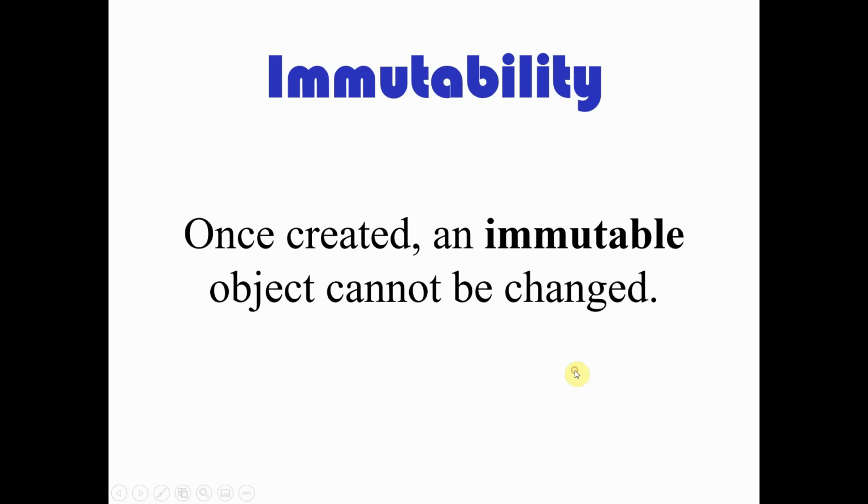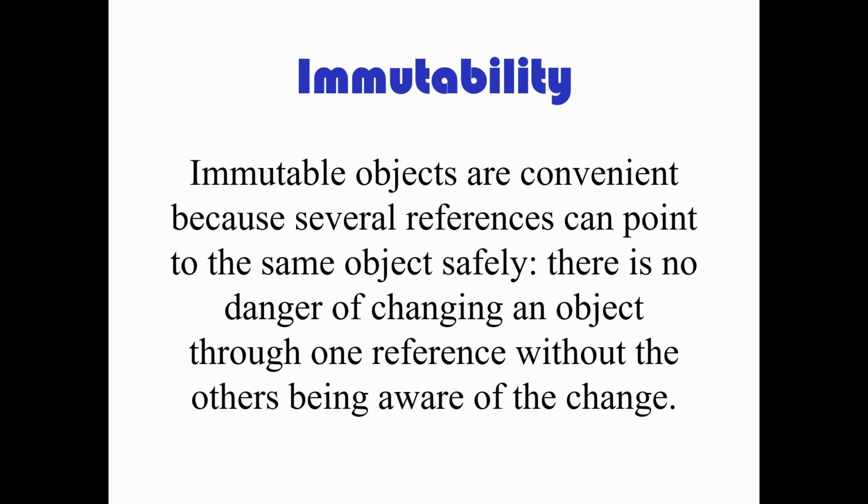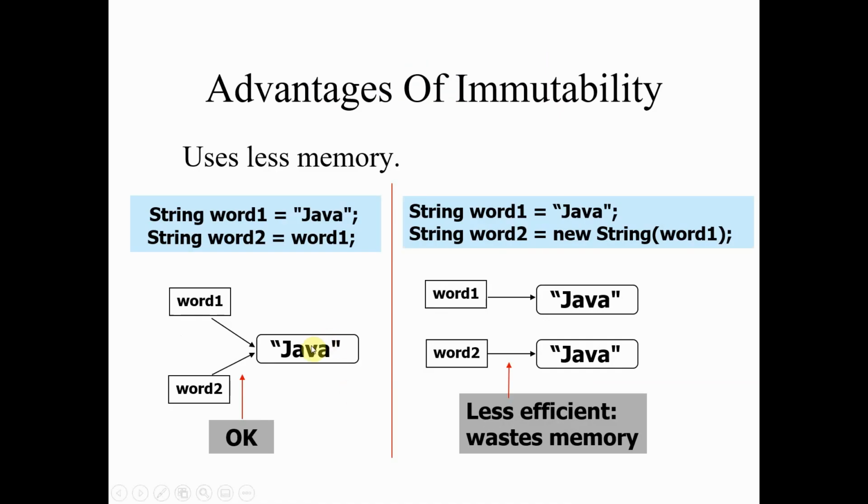And I keep saying that, but now, like I said, immutable objects, you can't change what they store. The main reason to have immutable objects is that we've talked about how you can have two variables point to the same object, and the advantage to that is, as it says here, you save space. You don't have to create that same object over and over again.